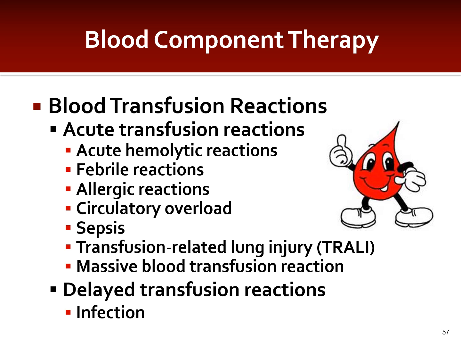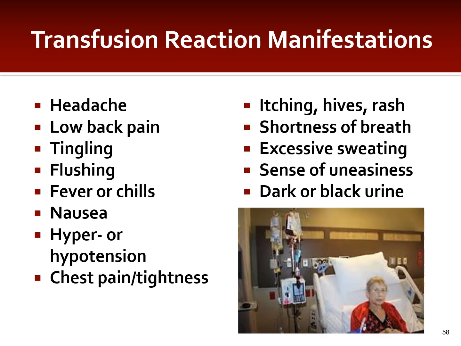Again, you want to monitor these clients very, very closely. Back pain would be some other thing that you could look for in reactions. Headaches. A lot of times students miss back pain. Flushing of the skin, fever, chills. Hyper or hypotension. Chest pain, tightness, itching, hives, shortness of breath.